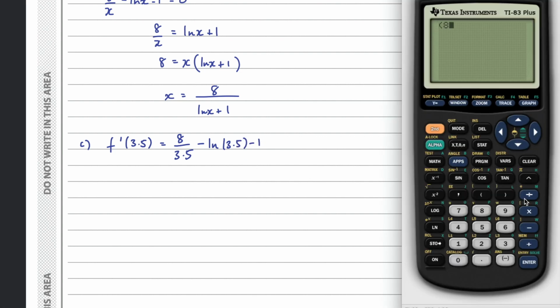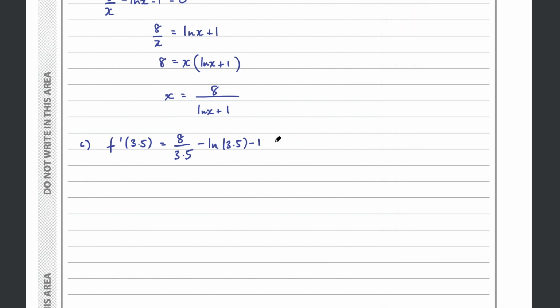So 8 divided by 3.5, take the log of 3.5, take 1, and we get 0.03295, etc. So 0.03 will do. So that's a positive.